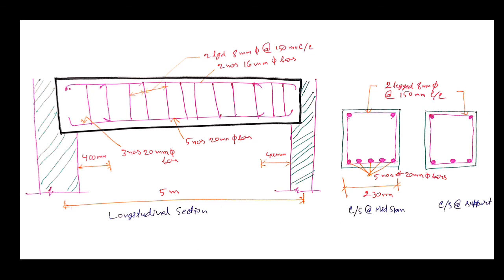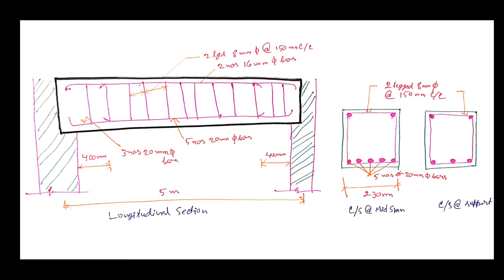So design is complete, and as per design data, this is the drawing. You have to draw after every design completion. In various colors, everything is shown here. In the longitudinal section at the left figure, the span distance is 5 meter, and curtailment is shown 400 mm on both sides.